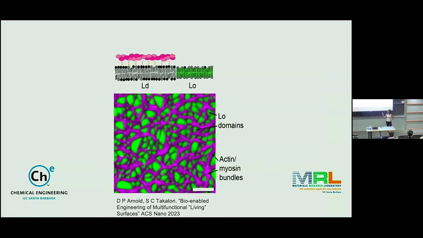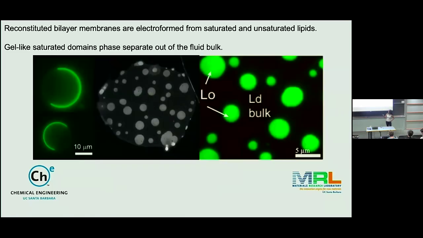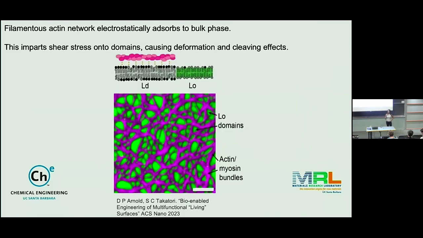Over here you see that these lipid rafts are being deformed into angular morphologies by the shear stress imparted by the actin filaments. In the previous slide, they were very circular, but now we start to see these angular morphologies as well as things like pinch-off events. Basically the structure of the membrane has been significantly changed by the presence of the actin.